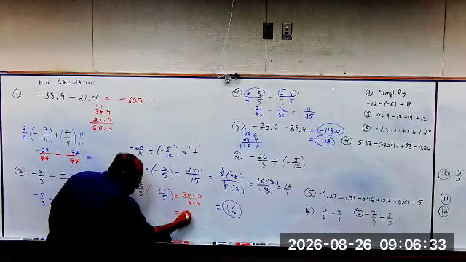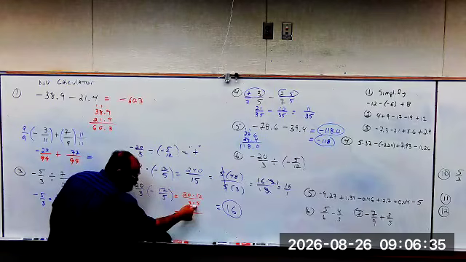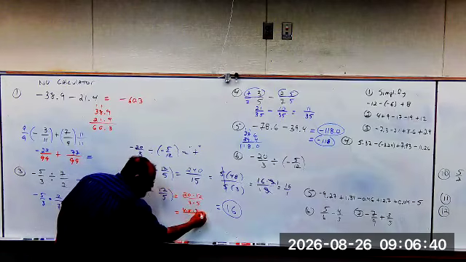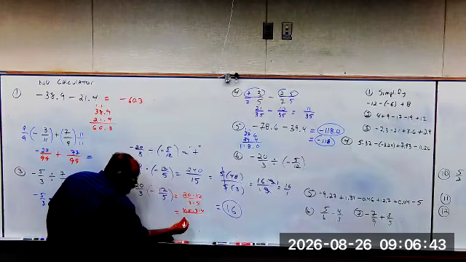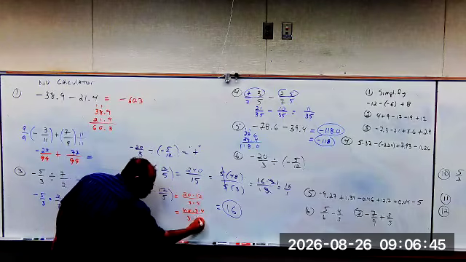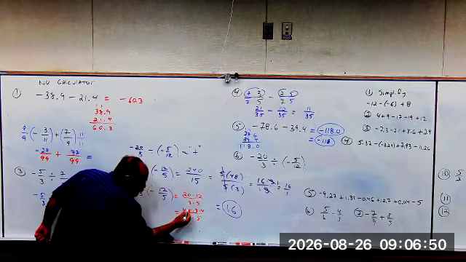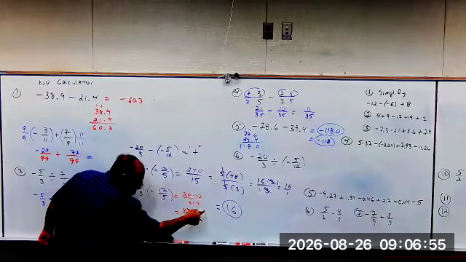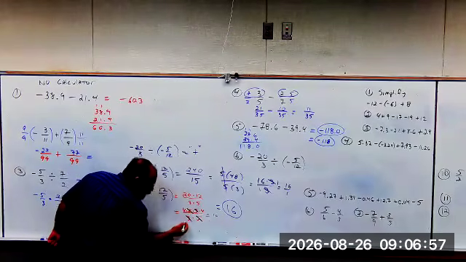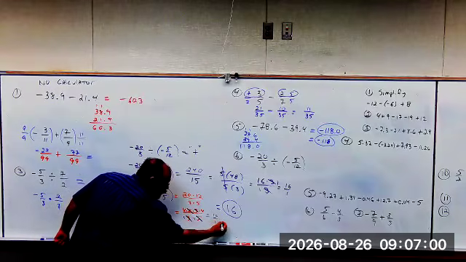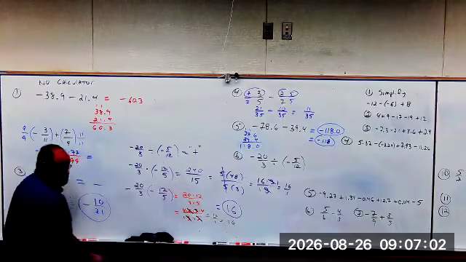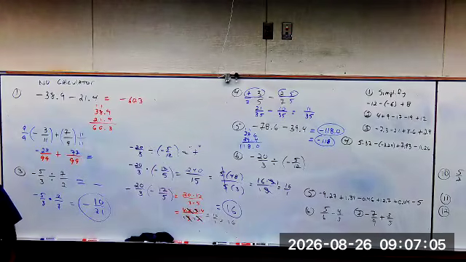So 20 is 4 times 5, which is good because there's a 5 down here. And 12 is equal to 3 times 4, which is good. I have a common factor of 5 that I can reduce, and a 3 that can reduce. I'm left with 4 times 4, which is 16, over 1, which is 16. I reduced it before I actually multiplied the whole thing out.